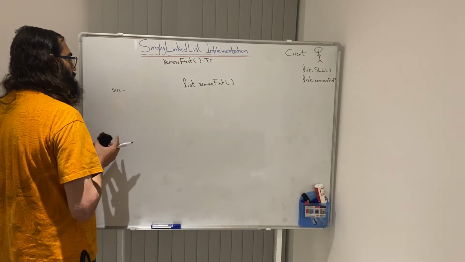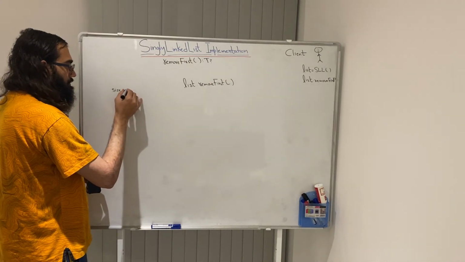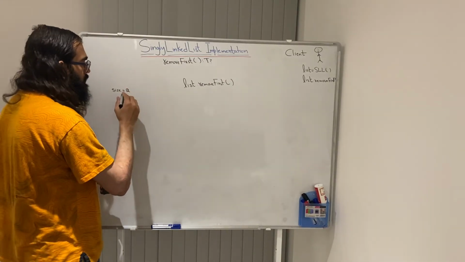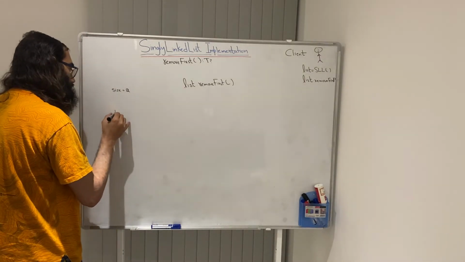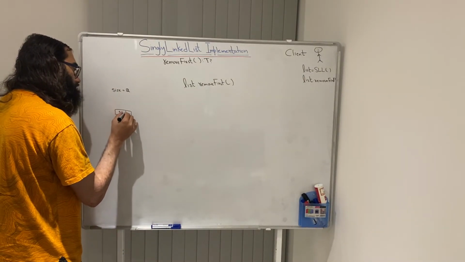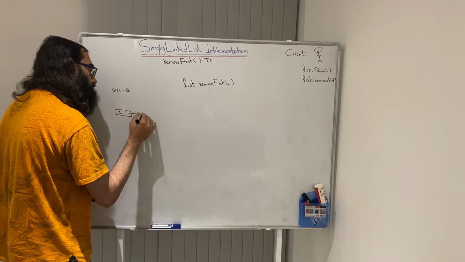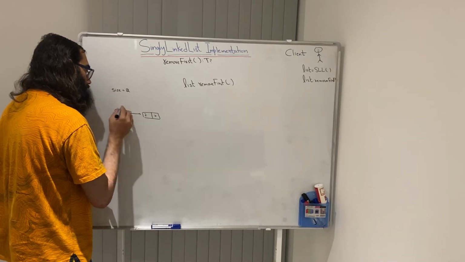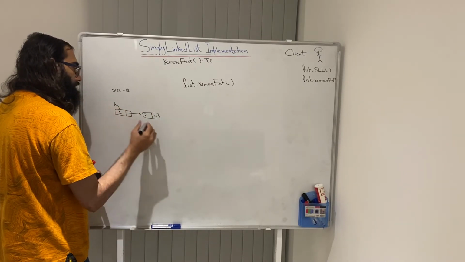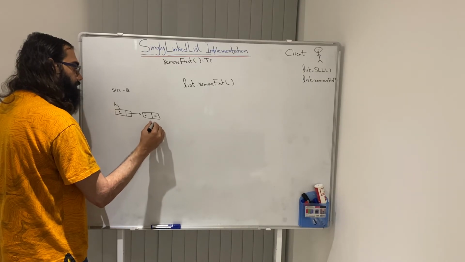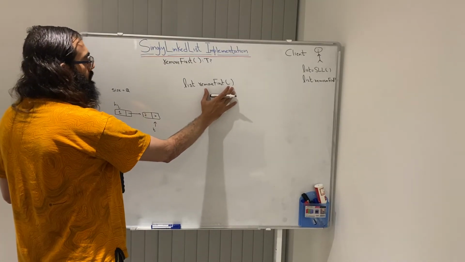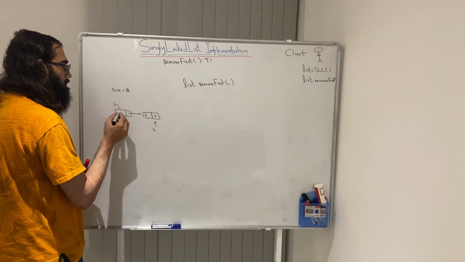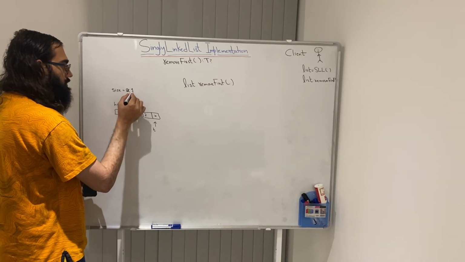Second scenario, I want to do 2 more. So for example, we have a list of 2 values, 1 and 2. In this case, my head is this, my tail is here. So once the client has called remove first we will do size minus minus, which will be 1.